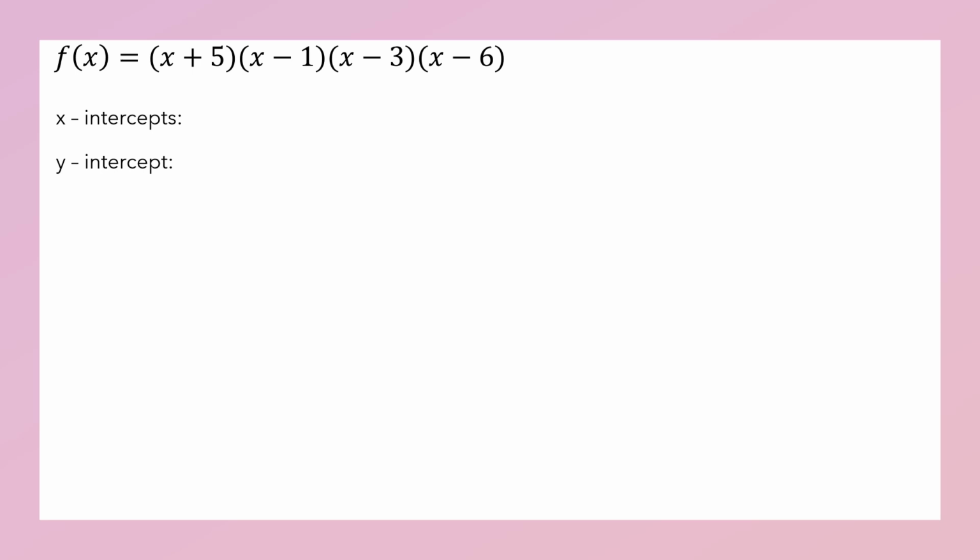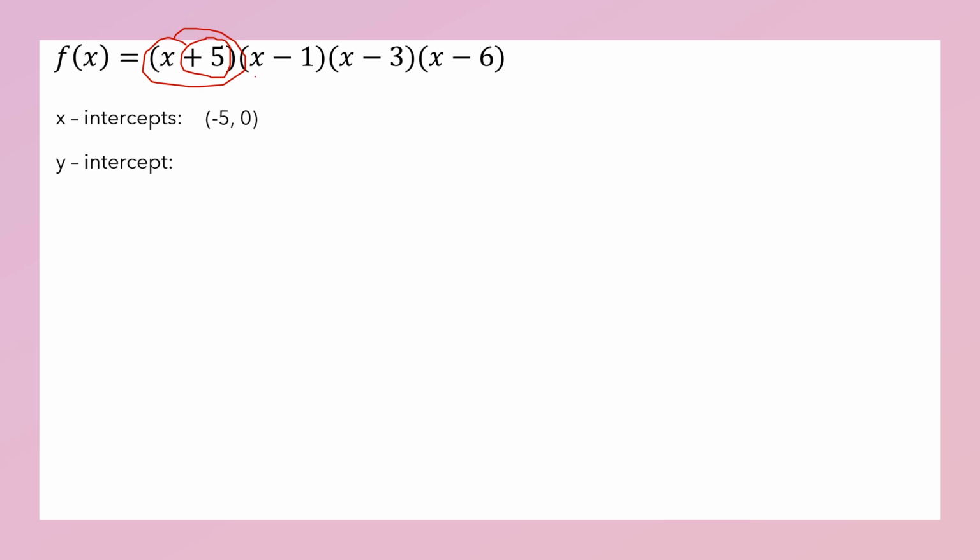Since we have x plus 5, it is as simple as using the opposite sign of our constant. So positive 5 will become negative 5. Since we're talking about x-intercept, it is paired to 0, so we have negative 5, 0.